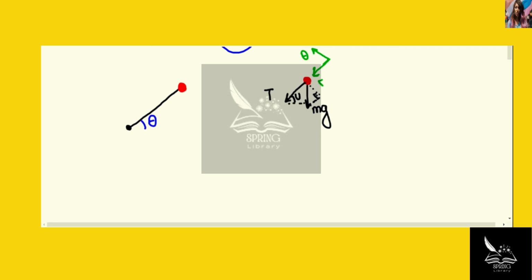Now notice that this here is theta, so this here must be theta as well. So in the r direction, we have the forces T plus mg times the sine of theta, and this is equal to m times the centripetal acceleration, which, as I said before, is v squared divided by r.